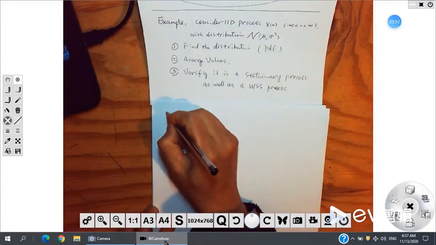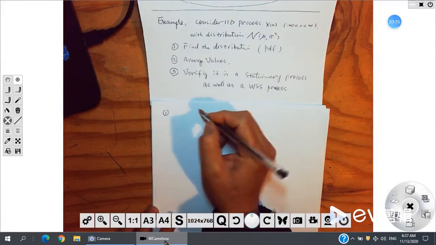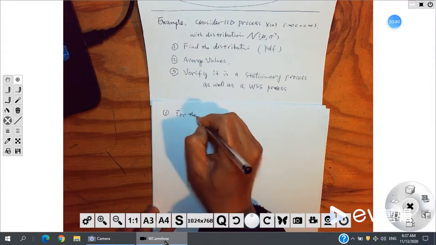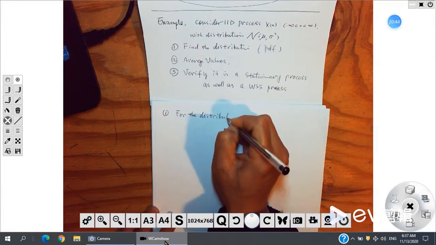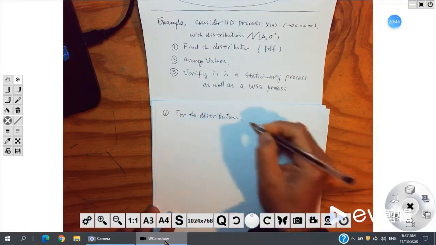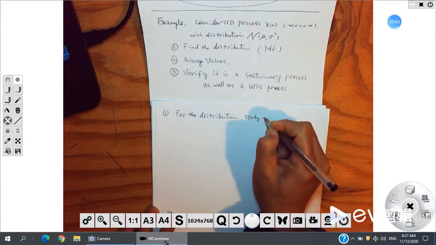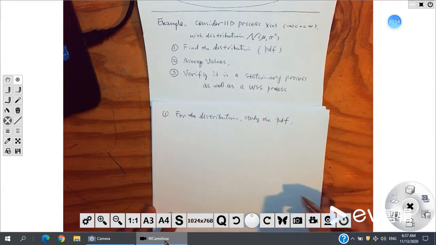Okay, first one, for the distribution, we want to find the PDF. For the distribution, we need to study the PDF. So we have two kinds of PDF.